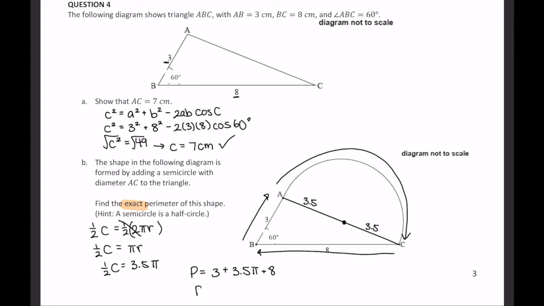So the best exact answer we can get is, if you add the 3 and the 8, 11 plus 3.5 pi, and that's as much as we can combine that expression without breaking our rules about like terms. And so that is our exact perimeter. Ooh, but we'll probably want to include units, so that means centimeters.